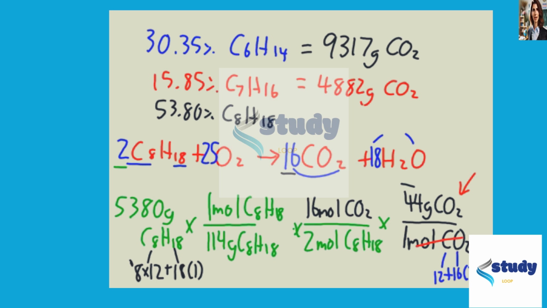Now, from there, we've got to multiply 5,380 times 16 times 44 divided by 114 divided by 2. And this will come out to be roughly 16,612 grams of CO2.